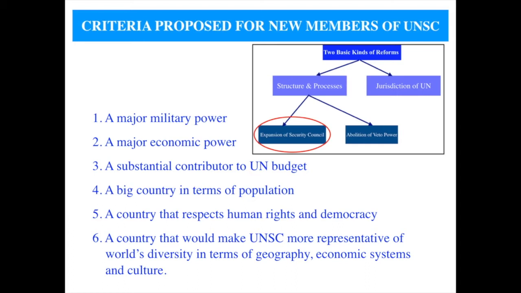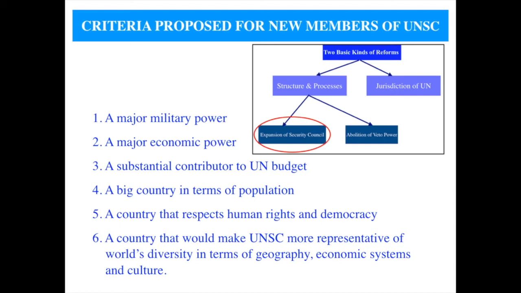So, any country that wishes to join the United Nations Security Council must fulfill these criteria. Number 1, being a major military power. Second, it should be a major economic power. Third, it should be a substantial contributor to the United Nations budget. Fourth, it should be a big country in terms of population.